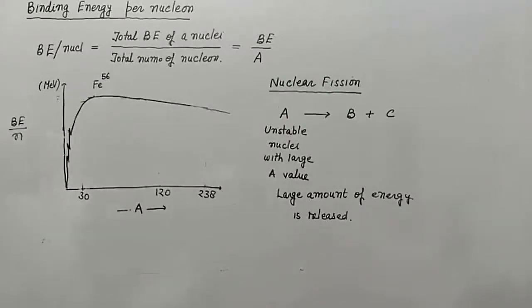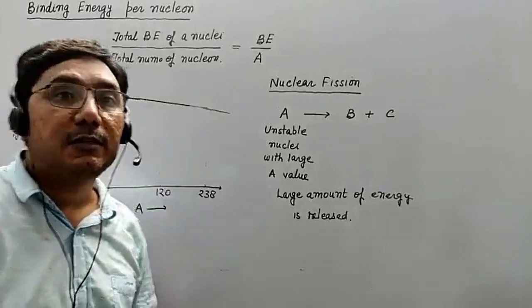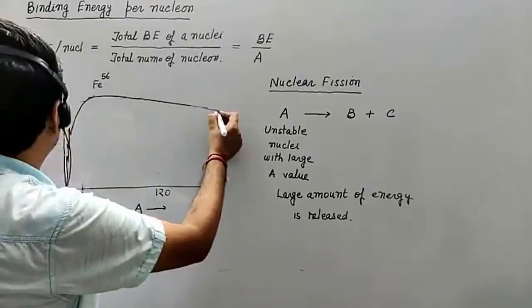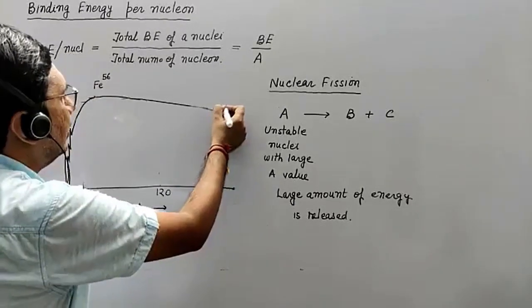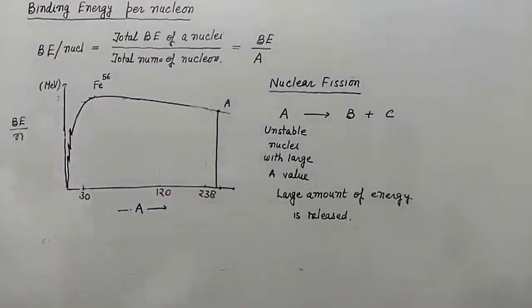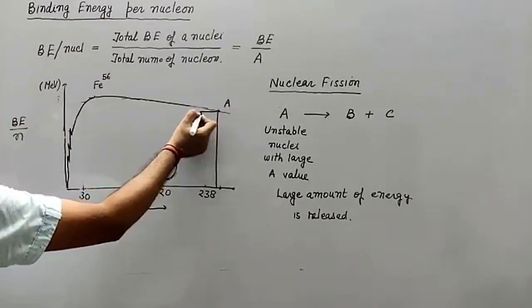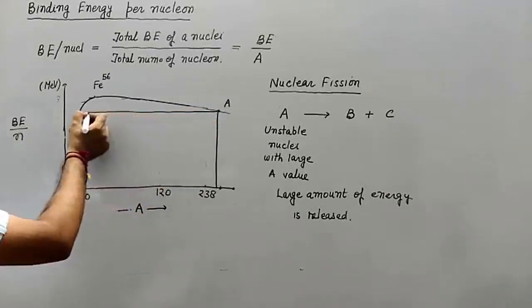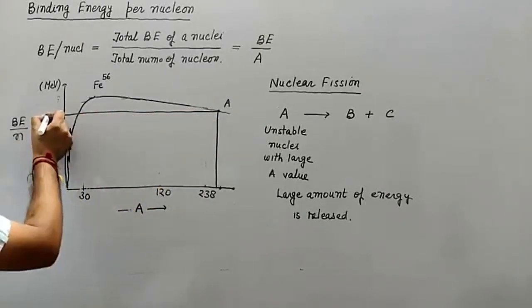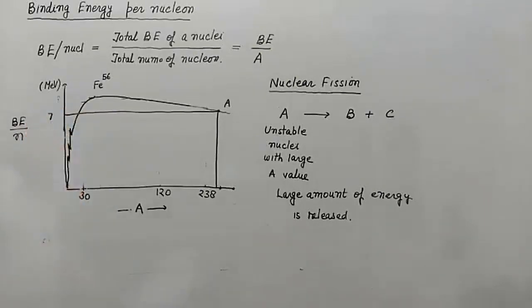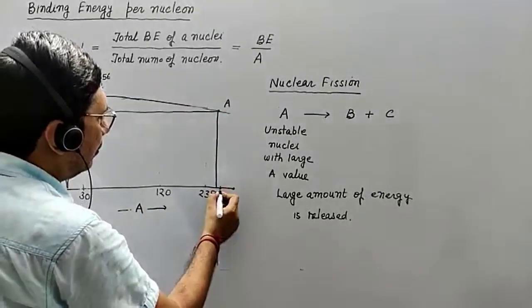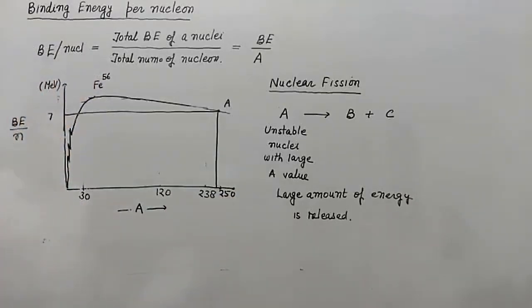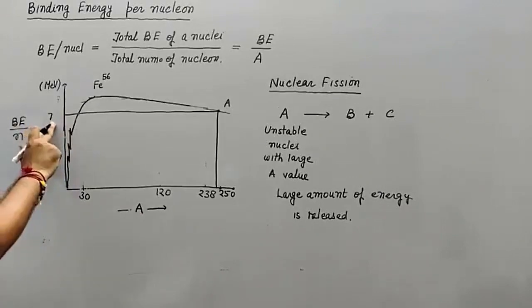Now, on the basis of this plot, I can explain why this large amount of energy is released. Suppose I have a nuclei A here, and its binding energy is, I'm assuming just, 7 MeV. This is 250. So we have a nuclei of A number 250 and its binding energy per nucleon is 7 MeV.